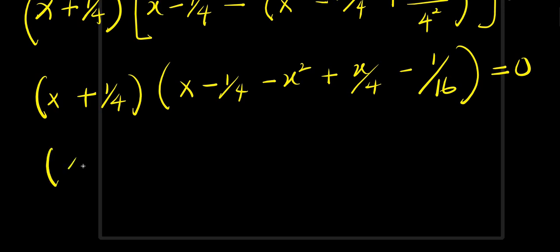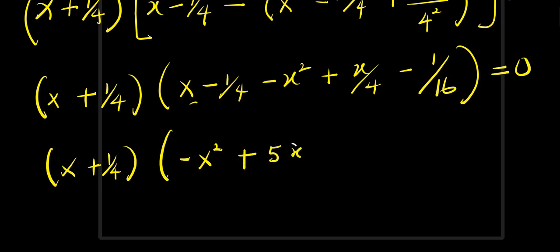So from here, we can have x plus 1 over 4 times, this is negative x squared. Now we have x plus x over 4. If you have x plus x over 4, that will give you plus 5x over 4 in adding this to this. Remember, you need to take the common LCM, that is 4.